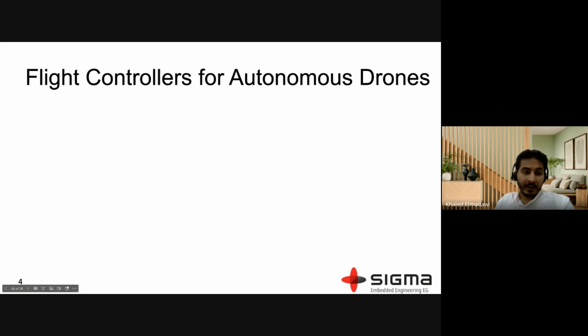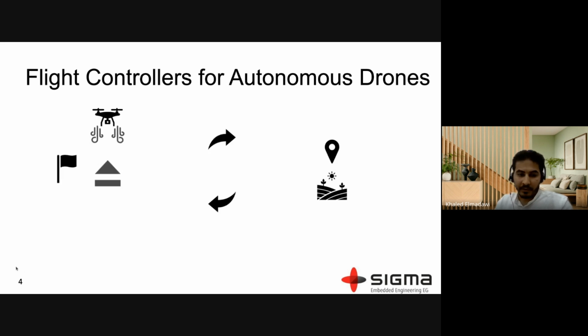And now let's go to our presentation. So simply, for any drone system to be able to achieve a certain task, whatever is required from it, for example, taking off, observing a certain state, and going back again to either the same place or another place, it requires two main control levels.